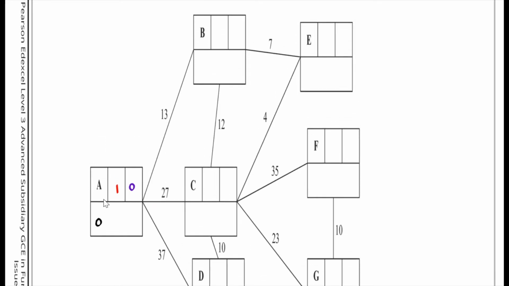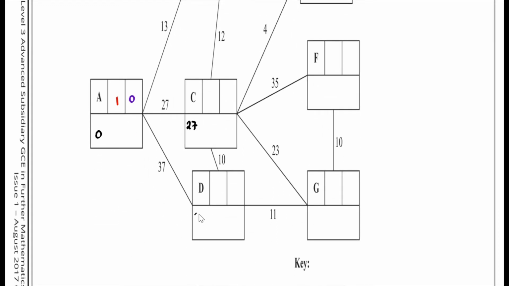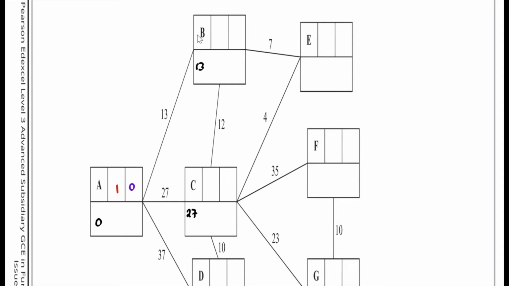So from A to B, C and D: A to B, that's 13, A to C, that's 27, A to D, that's 37. Okay, and you'd find the smallest number to be 13, and therefore we have B2, the value that we take in is this 13.